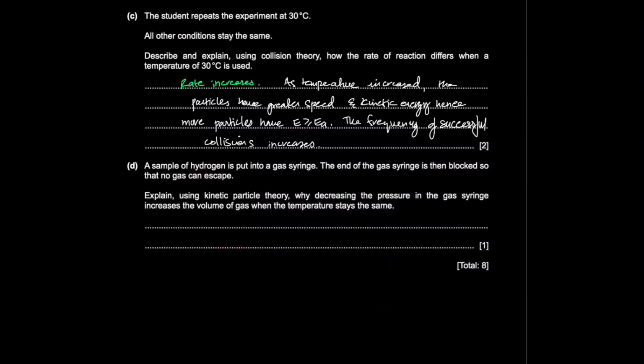So when you increase the pressure, the space between the particles decreases because gases can be compressed, because there's a lot of empty space. And when you decrease the pressure, the space increases. So we can say that the space between particles increases, and the particles move further apart.